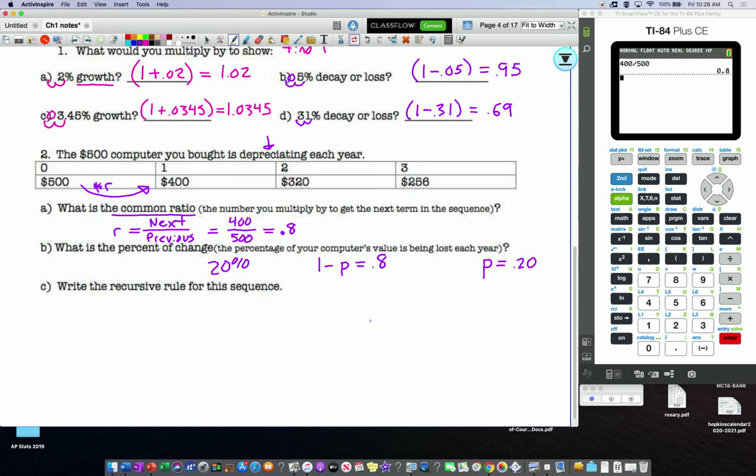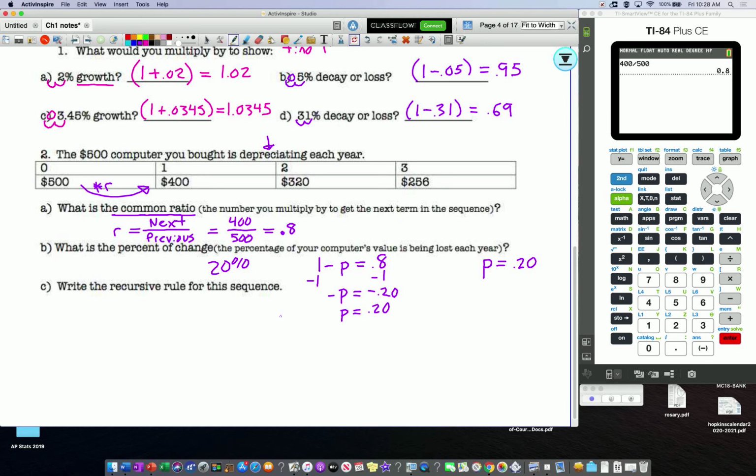Now, if you don't see that quite yet, if I subtract 1, I'll have negative P equals negative 0.20. Since they're both negative, you divide by negative 1, and you get P to be 0.20. So you can solve it algebraically also. Okay? So now, here's the cool part.